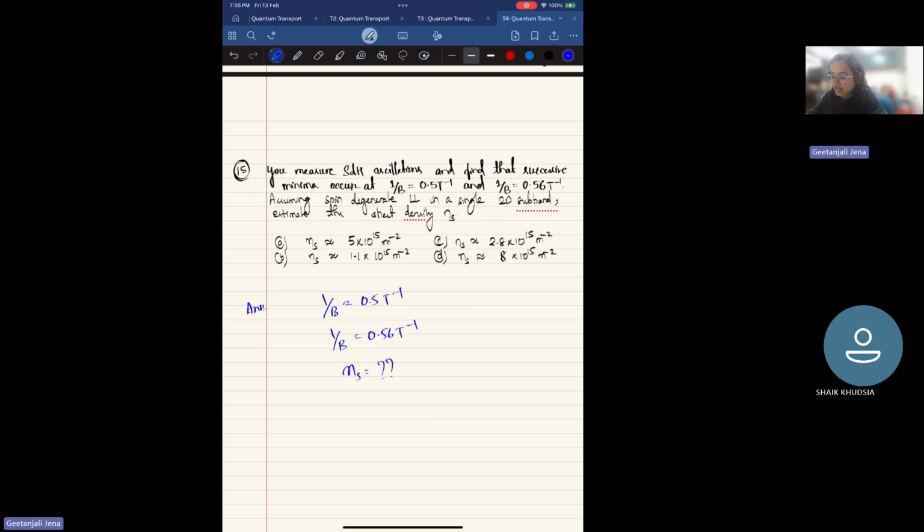What is NS? So we are changing the magnetic field, so that means we are changing the filling factor. And these values are occurring at successive minima, minima of the density of states. So what is NS according to this?